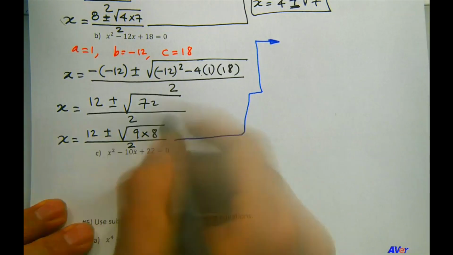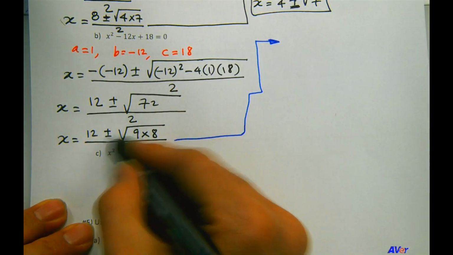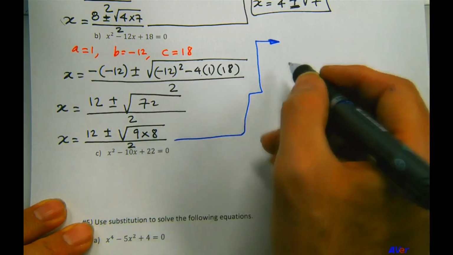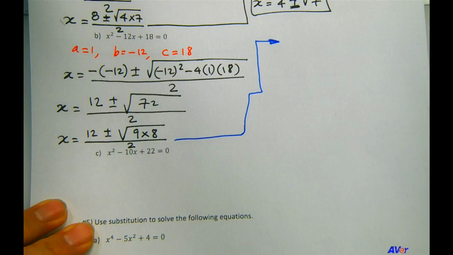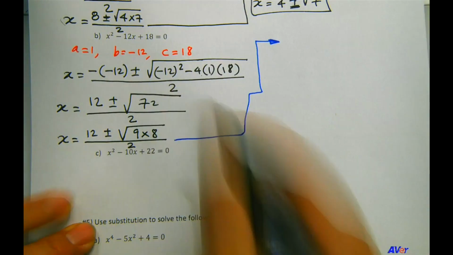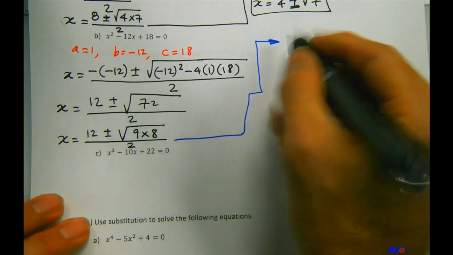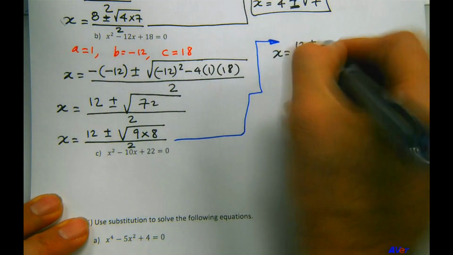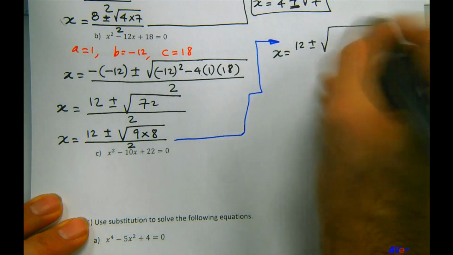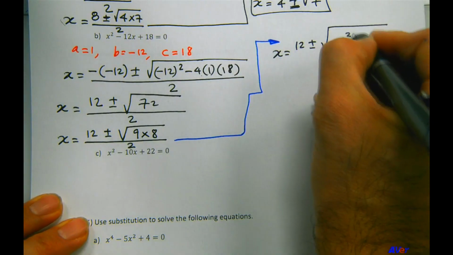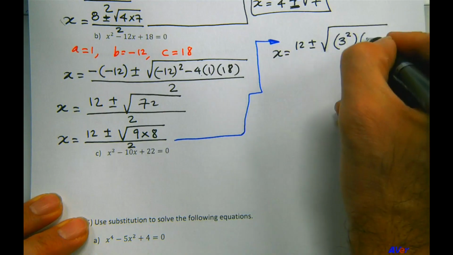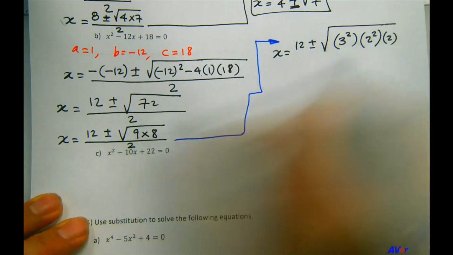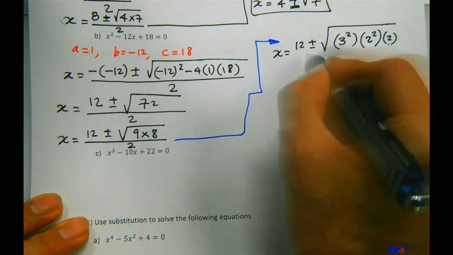So 9 is 3 squared, so 3 can come out, and this can become 3 times square root of 8. And also 2 and 8 can be written, well, let me write it, so I don't want to just say it. So x equals 12 plus or minus square root of 3 squared times 2 squared times 2, over 2, since 8 is 2 squared times 2.